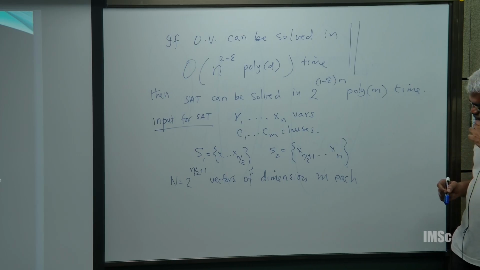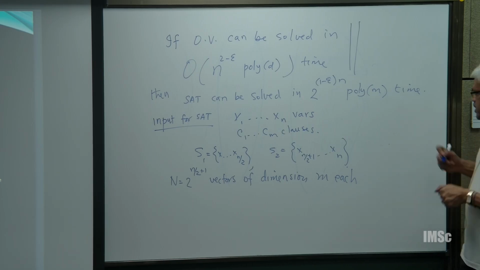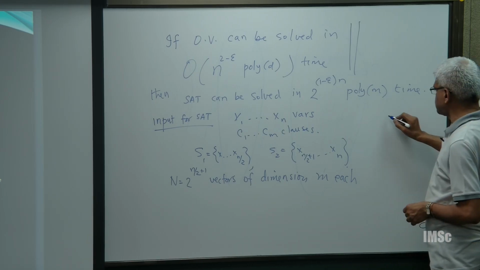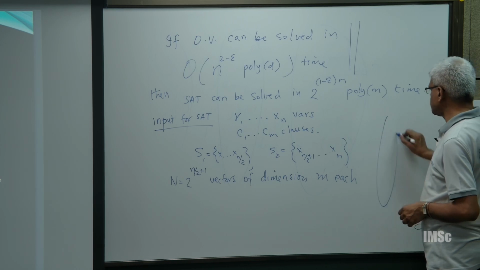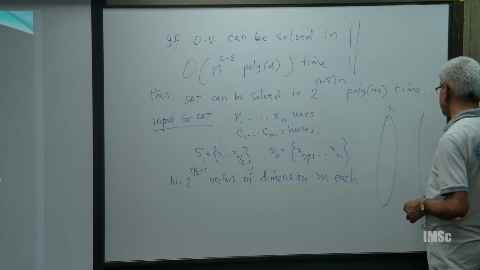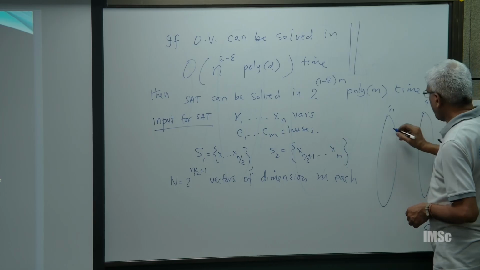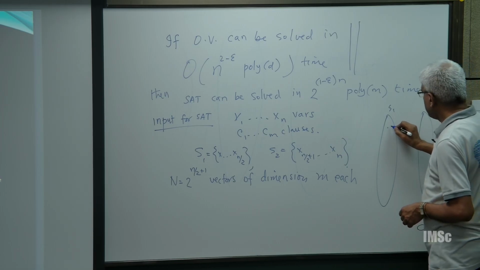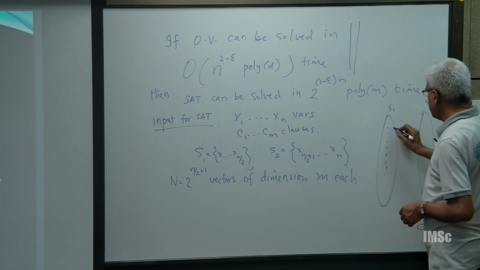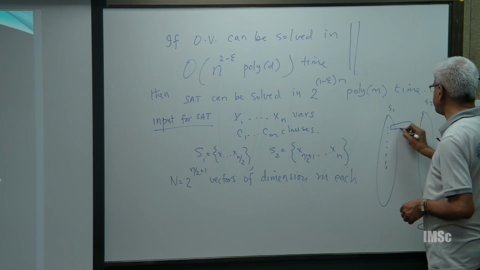So, these vectors are going to be like this. The vectors have two parts, one for S1 and one for S2, and each vector is of dimension m.